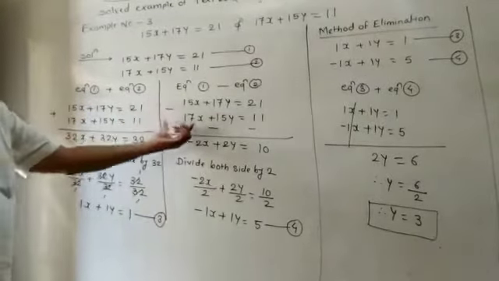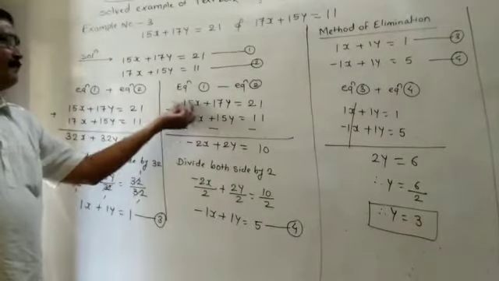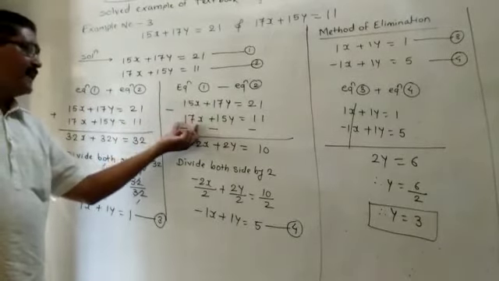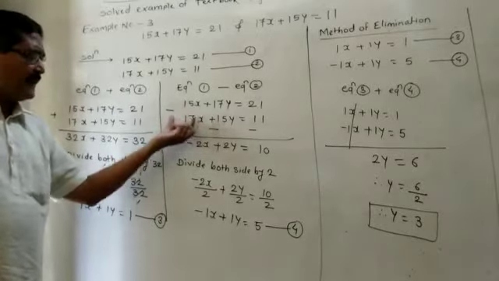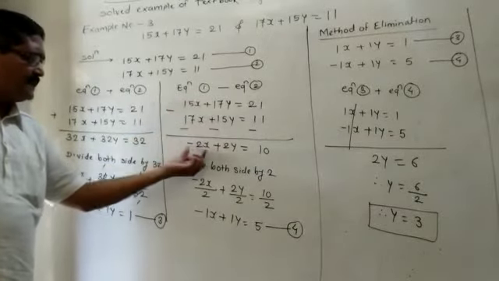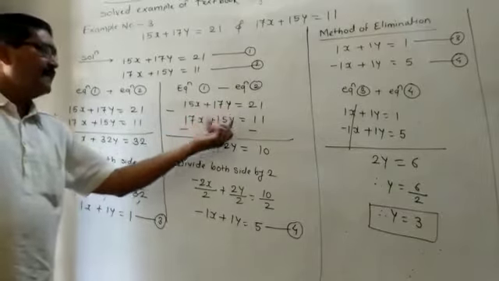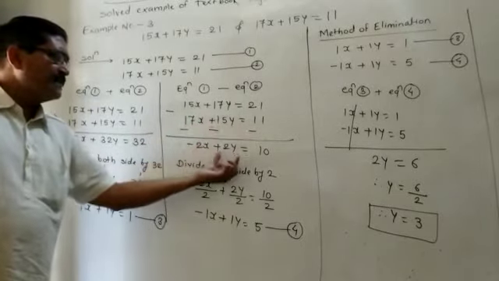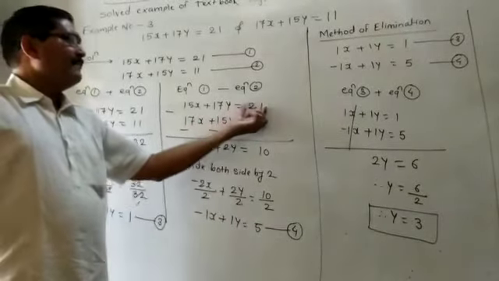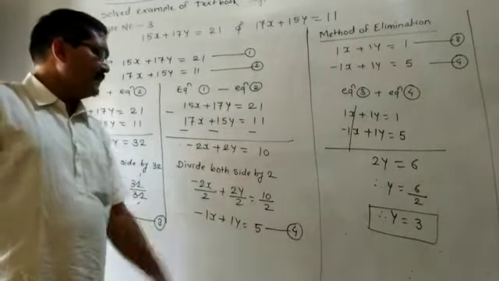Then use the addition rule: 15x minus 17x is equal to minus 2x, 17y minus 15y is equal to plus 2y, and 21 minus 11 is equal to 10.